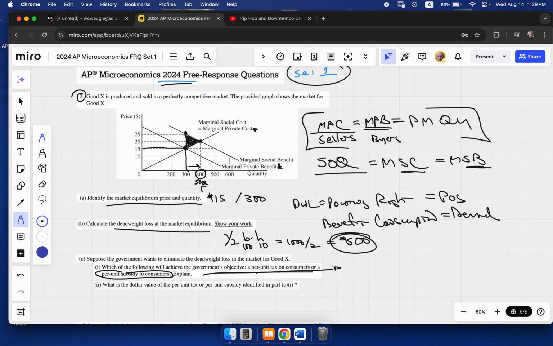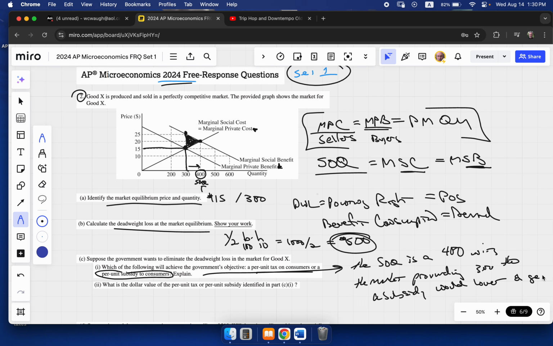We explain that as the socially optimal quantity is 400 units, the market is only providing 300, then a subsidy would lower the price and get more of this good consumed, up to hopefully the 400 unit amount.